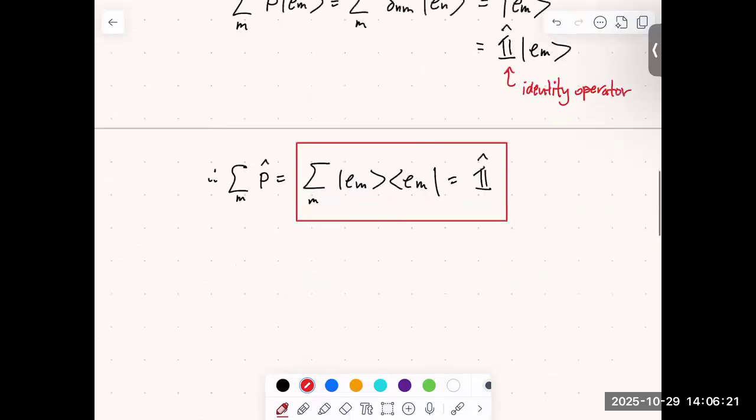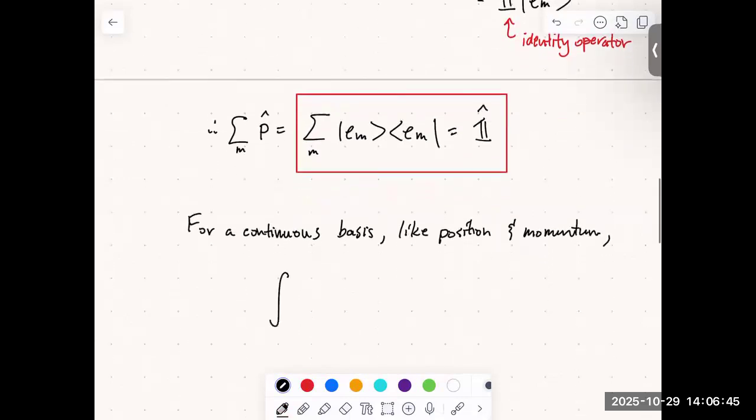And so for a continuous basis like position and momentum, the equivalent expression is that the integral of this combination of states with respect to z is equal to our identity operator, where most of the time z is just going to be labeling the basis we're working in.